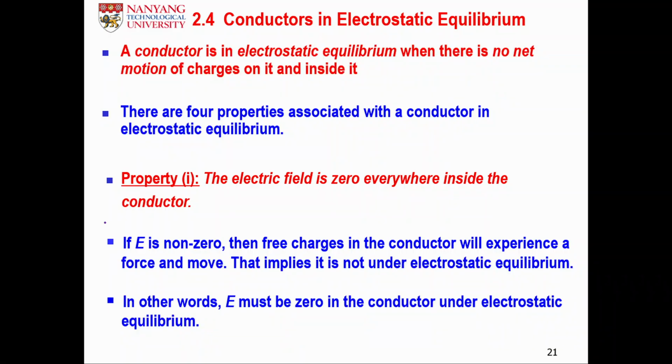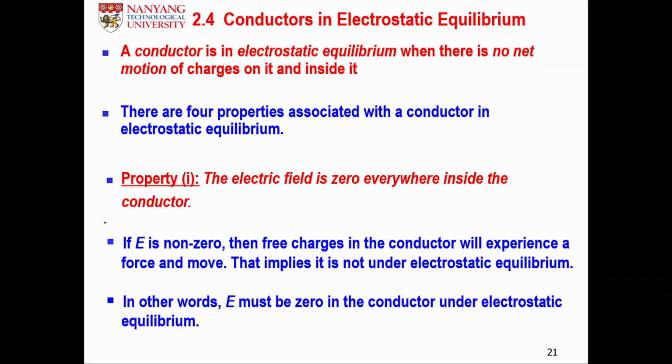Okay, so let's continue. Gauss's law, in addition to giving us a quite straightforward way to determine the electrical field E, also gives us some understanding we can derive for conductors.